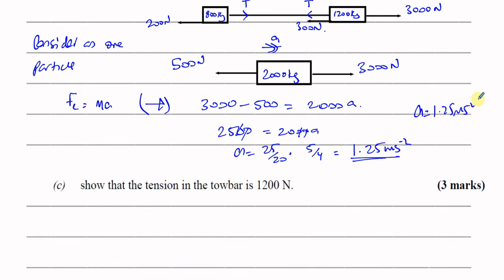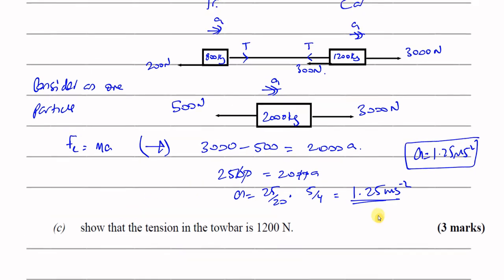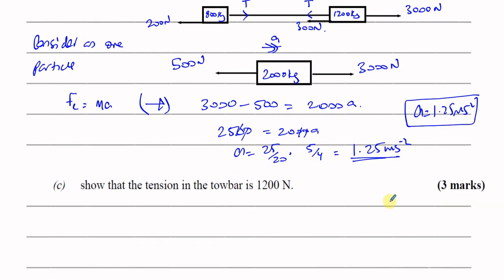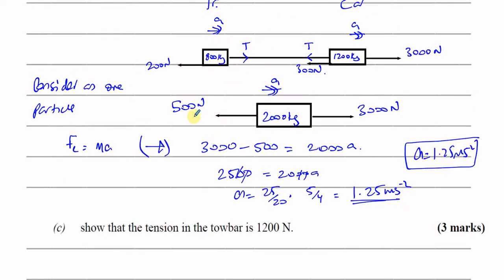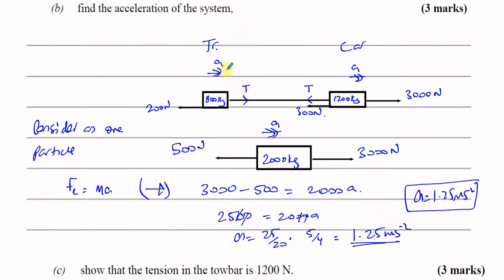Okay, and then it says show that the tension in the tow bar is 1,200 newtons. So now I know the acceleration in the system, so I can concentrate on just one part of the system. So for example, I can consider just the car, or I can consider just the trailer, and I can find the tension in the string because I know the acceleration now is 1.25 meters per second squared, the acceleration of the whole system.